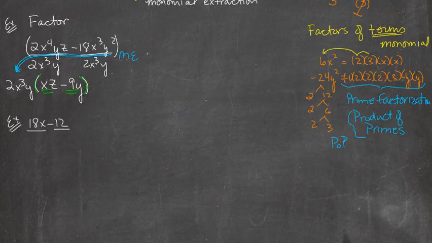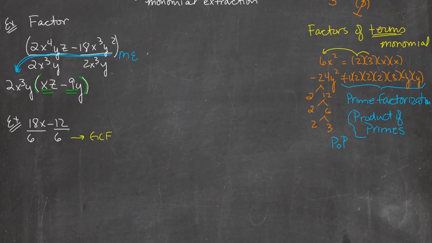Well, 18 and 12 have a common factor. The biggest common factor is 6. 18 divides by 6 and 12 divides by 6. That's the biggest number that I can divide both of these terms by. And then x, I could divide this one by x, but this one doesn't have an x in it, so I can't divide by x. So it turns out my greatest common factor is 6.